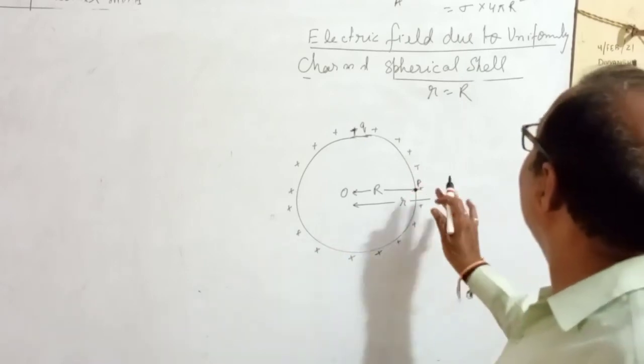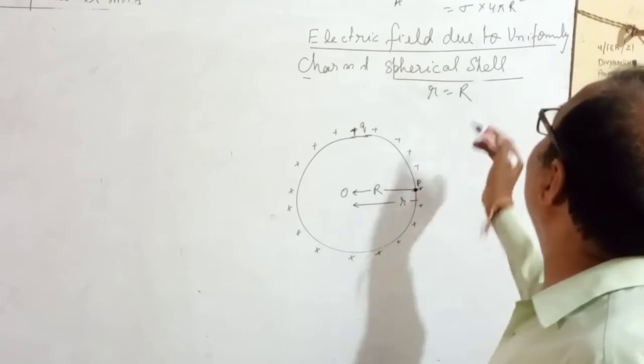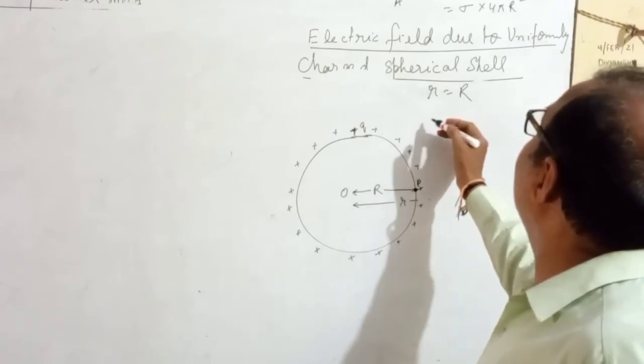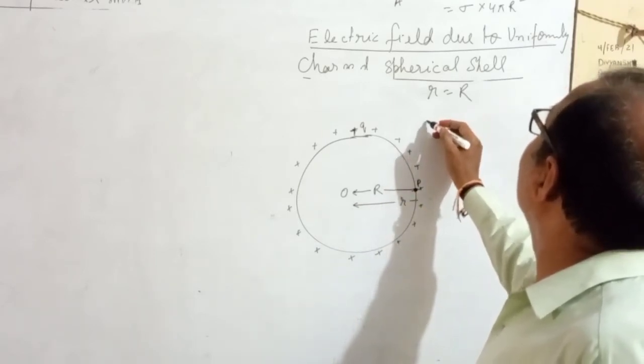Then what will happen? Small r and capital R are equal.